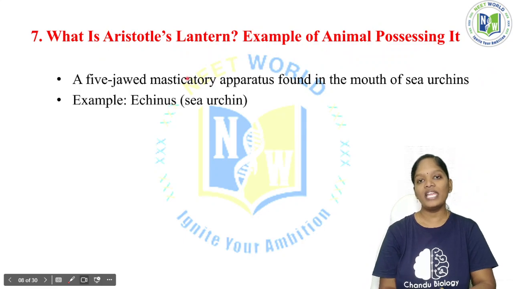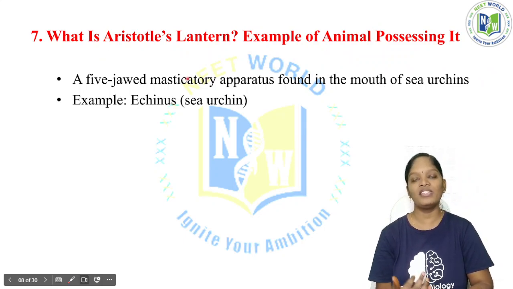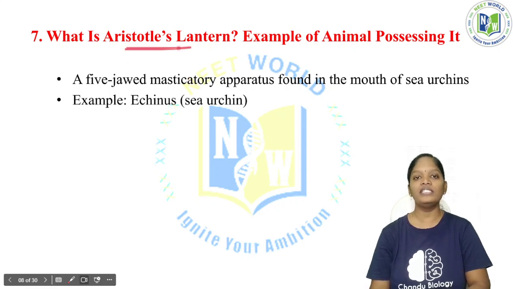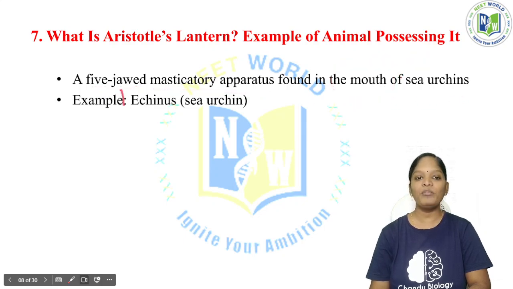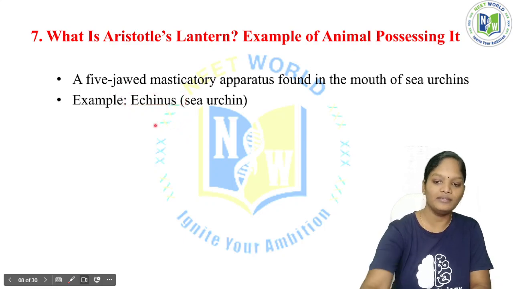Those organisms considered spiny skinned are placed under the phylum Echinodermata. Aristotle's lantern is a 5-jawed masticatory apparatus found in the mouth of the sea urchin. Sea urchin comes under the phylum Echinodermata. The example is Echinus, the technical term for the sea urchin. So this is an important question again.